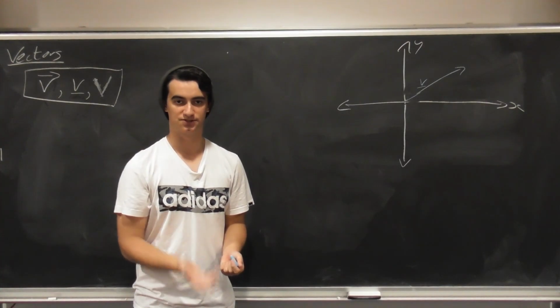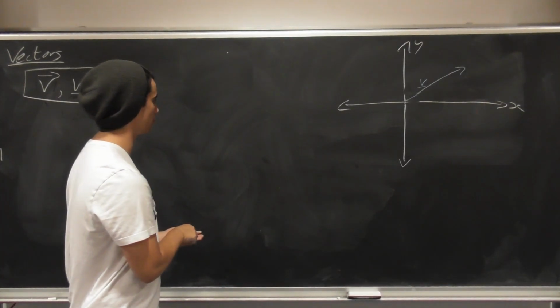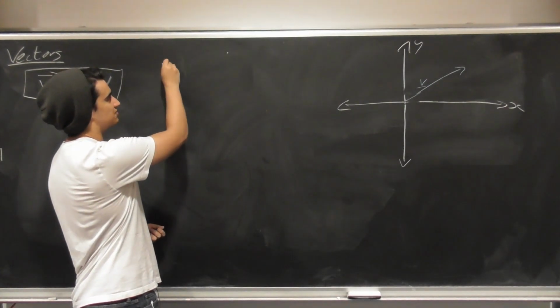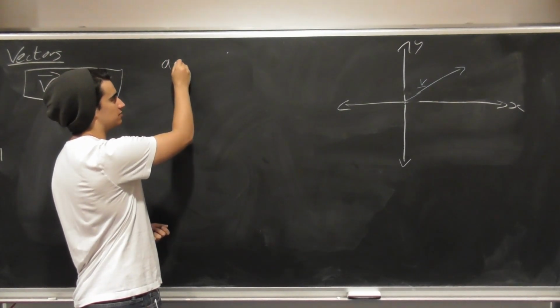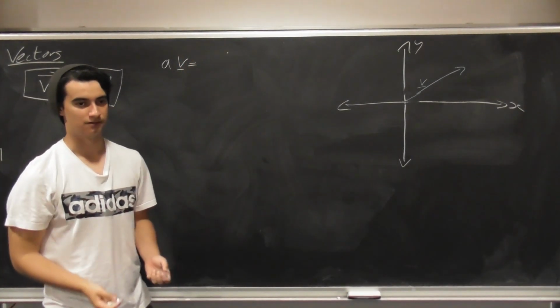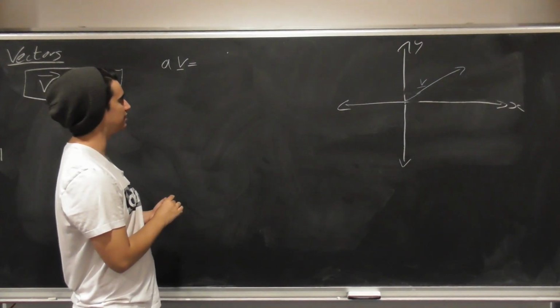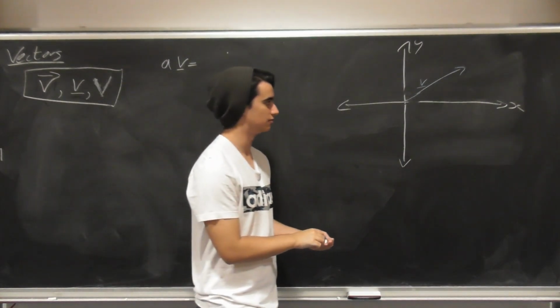Numbers by themselves we call scalars, as opposed to vectors. So if we had some scalar a, can we multiply it with some vector v? Well, we can. This is pretty simple, one of the first things you'll learn how to do.